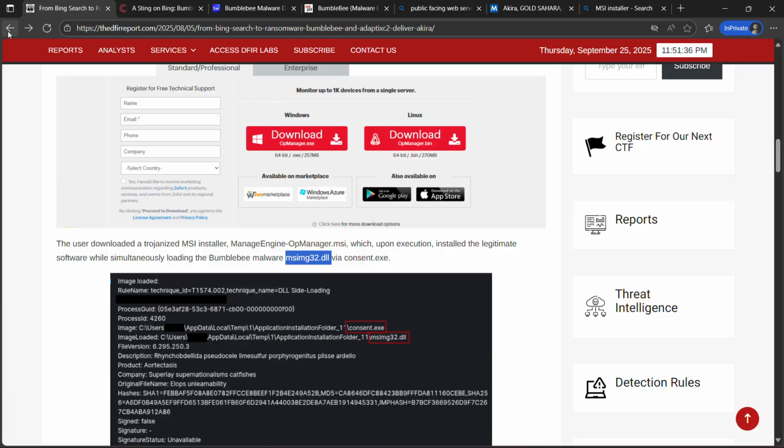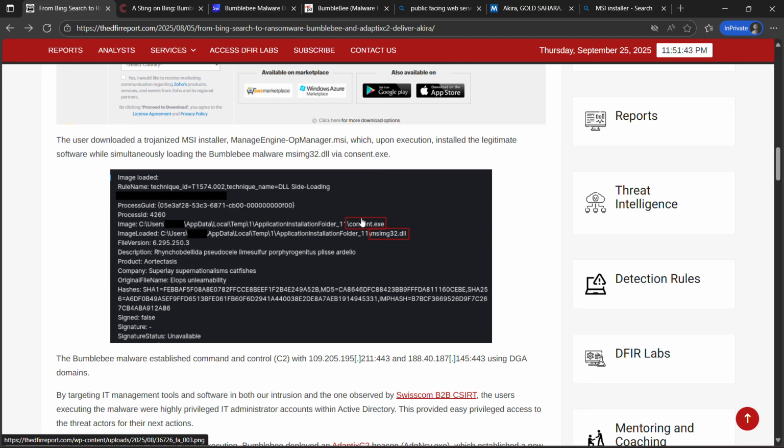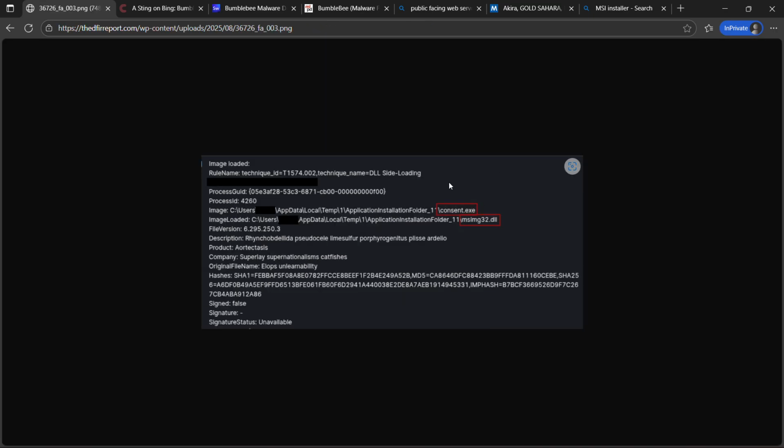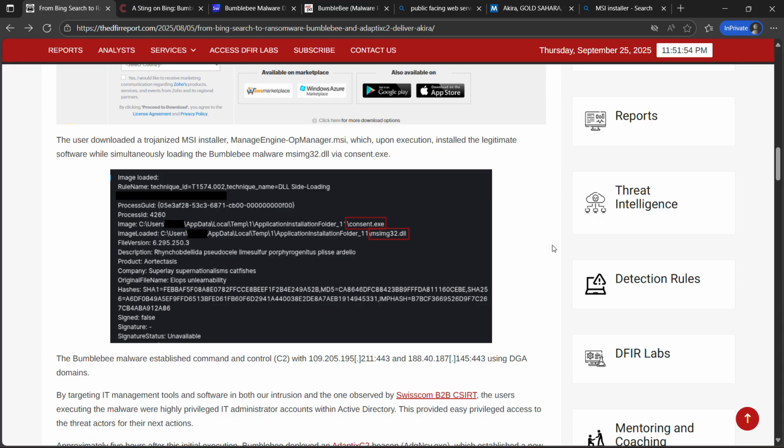Via consent.exe. They even named it something you would not really notice, because it's like consent. If they named it something like virus.exe, a lot of people would take notice of that, right? Even if they did not check for this particular log.